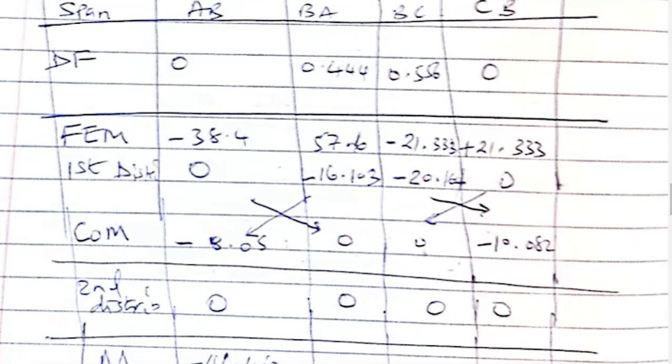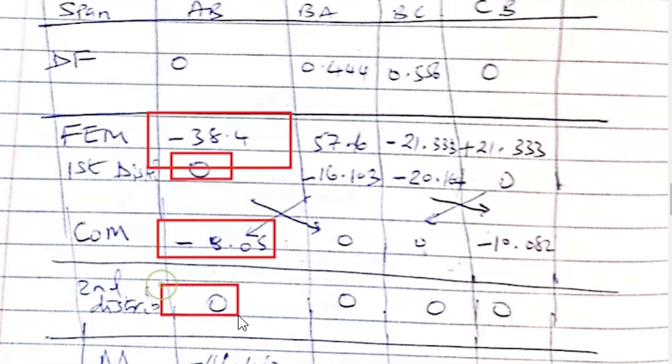So what you can do, because the moment distributed is going to balance. If it is balanced, you take the arithmetic sum of these values. You take the first value, the fixed end moment, this one, you sum with the second value here, you sum with 0, you sum to this one.